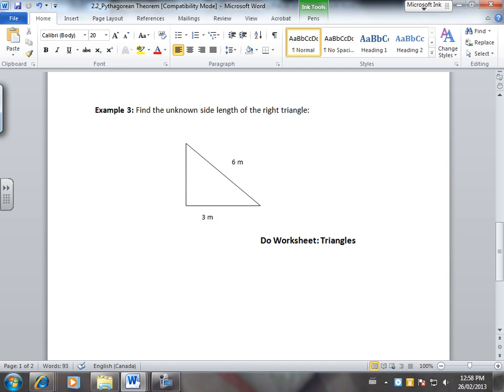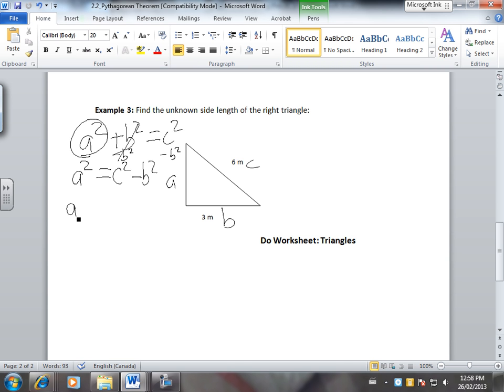And sometimes we'll be given c, and we have to rearrange to find the other length. So in this case we have c, we'll call this b, and we're looking for a. So a squared plus b squared equals c squared. Now we need to get a by itself. So a squared equals, we'll subtract b squared from both sides, so we have c squared minus b squared.